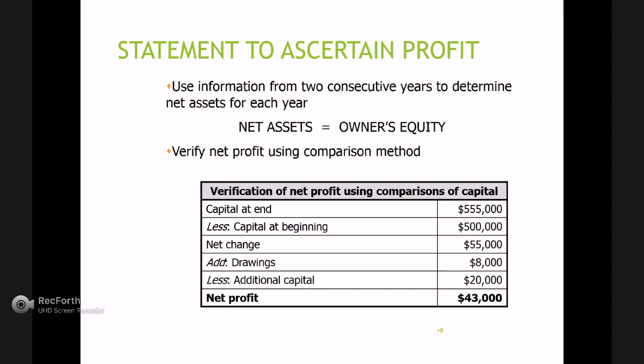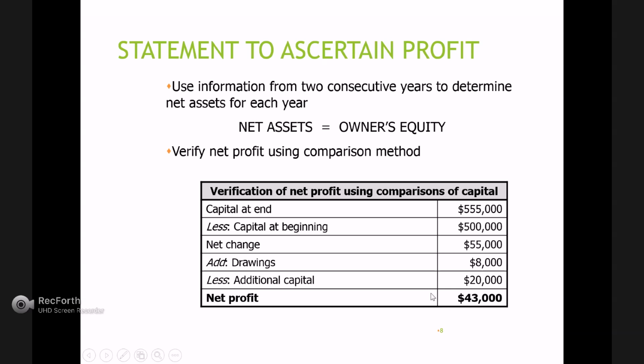Verifying the profit from the capital: you know about the closing capital. Closing capital less opening capital, that is the beginning capital, gives the net change. Then you have to add the drawings and deduct the additional capital.